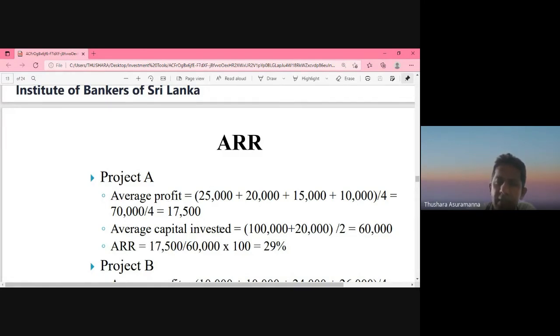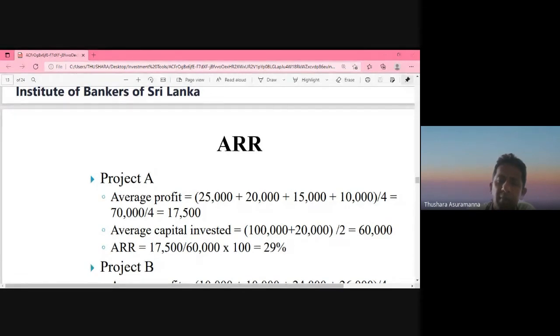Average invested: 100,000 is the initial capital and 20,000 is the residual, so 60,000. 17,500 divided by 60,000, the answer is 29%, the ARR for project A. Hope it's clear.